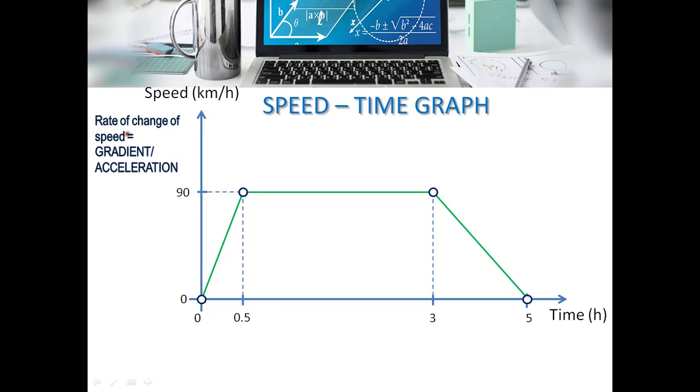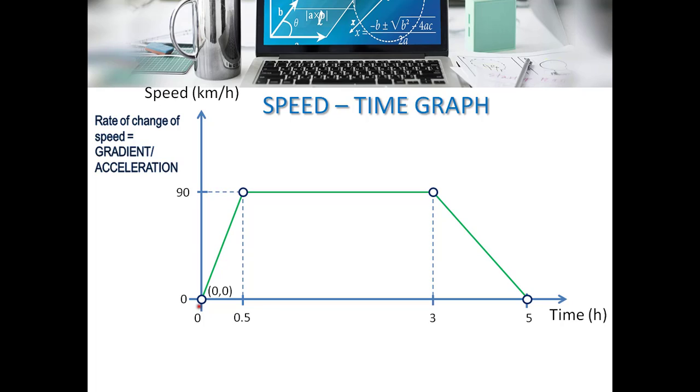Note that when the question asks for the rate of change of speed, you must find the gradient, and that means you must find the acceleration.